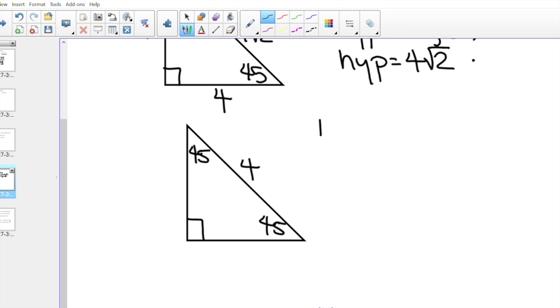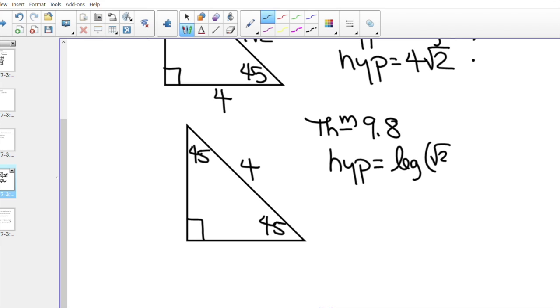Again, we use Theorem 9.8, which says the hypotenuse is equal to the leg times the square root of 2.